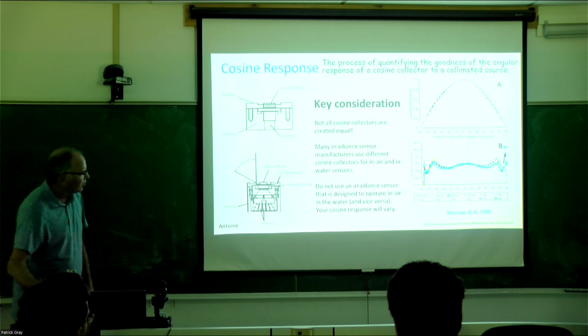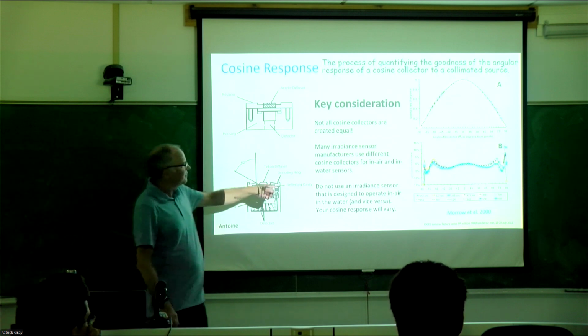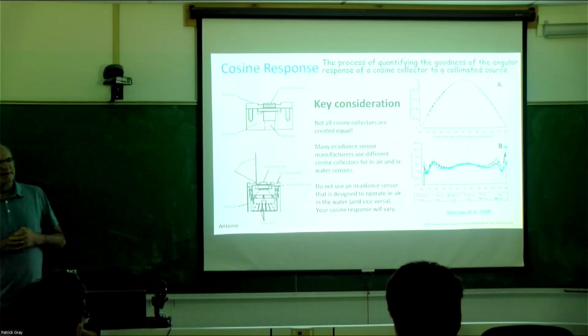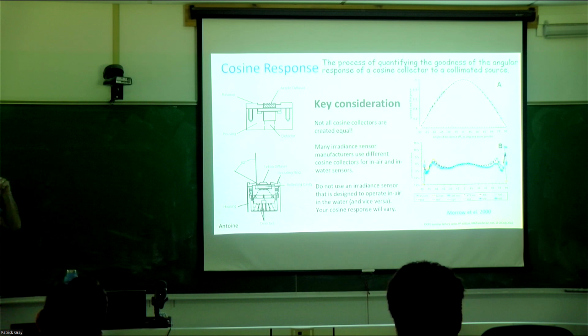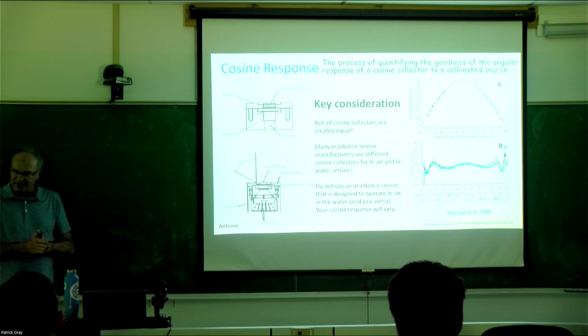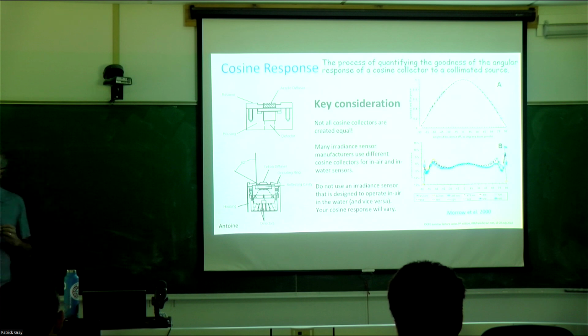And so that is why, it was a good question. Many manufacturers use different cosine collectors, whether you're measuring in air or water, because you're trying to optimize cosine response for the medium you're in, but you're also trying to use that diffuser as an element that can survive pressure changes as you profile.